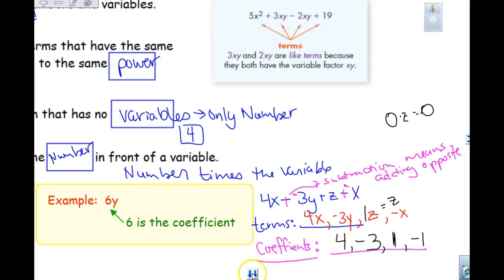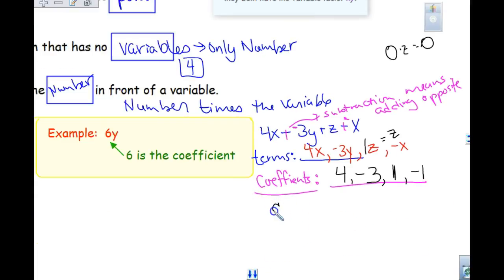Okay? If I asked you to tell me, do I have any constants? No. So if I say constants, what were they? We have none. In this phrase right here, none, right? So if I'm referring just up here, and if I asked you for any like terms, do you have any that look alike, have the same variable to the same power as I look at it?